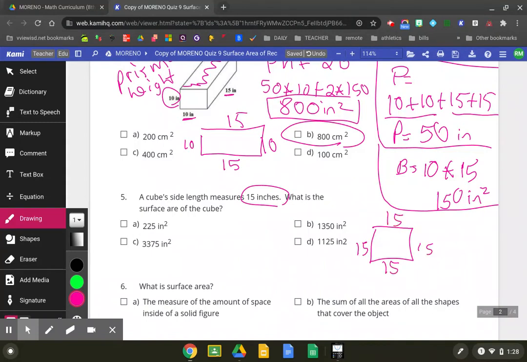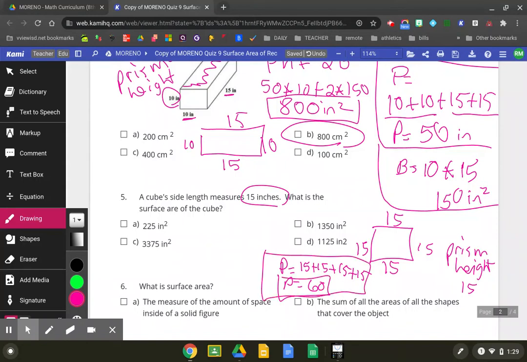The other thing is that the prism height is also 15. So everything's 15, real easy. If we do this, P equals 15 plus 15 plus 15 plus 15, which will give us 60.